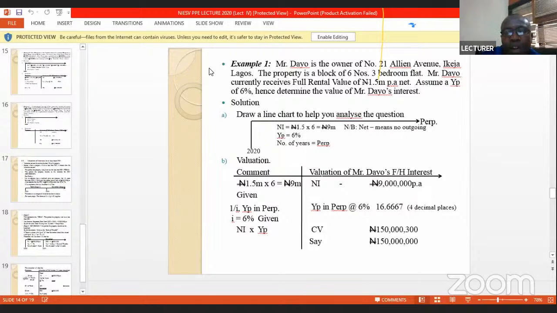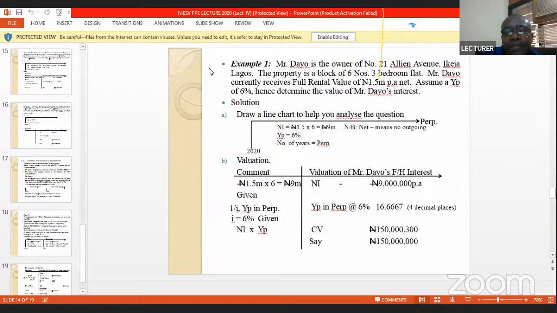Then on the comment side, you can see what I did there. 1 over I, that is the formula for finding YP in perpetuity. I in that formula is represented by 6, and that 6 was given in the question.